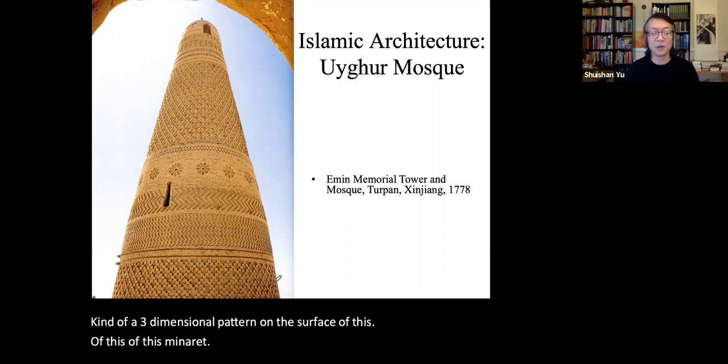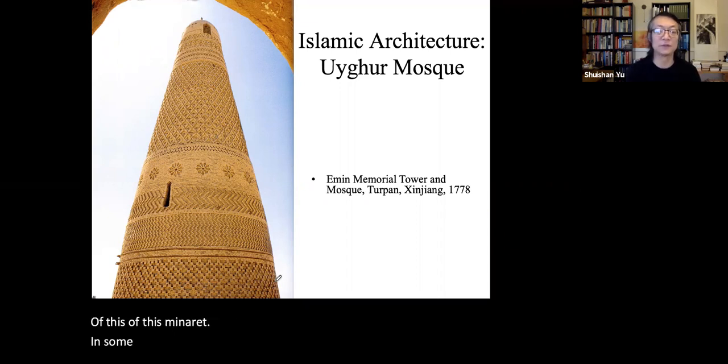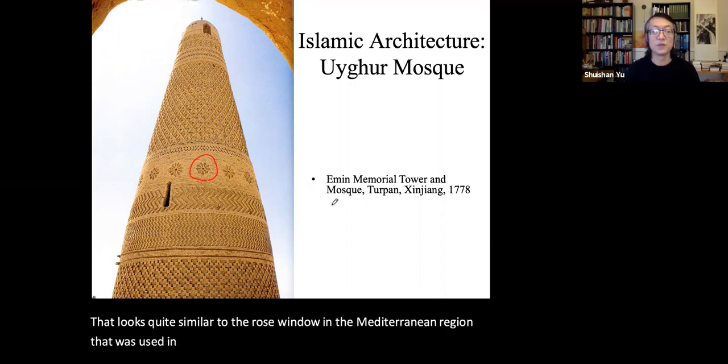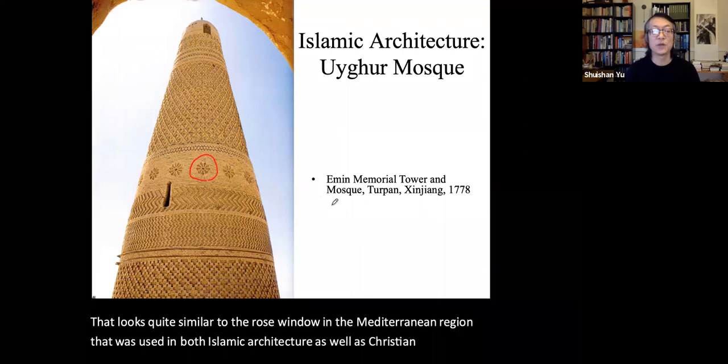And some time-honored Islamic motifs like the rondel, which looks quite similar to the rose window in the Mediterranean region that was used in both Islamic architecture as well as Christian churches, also appear here.